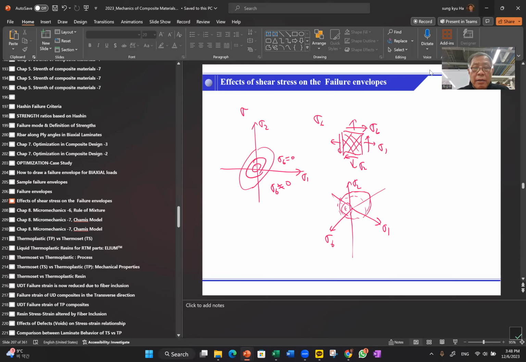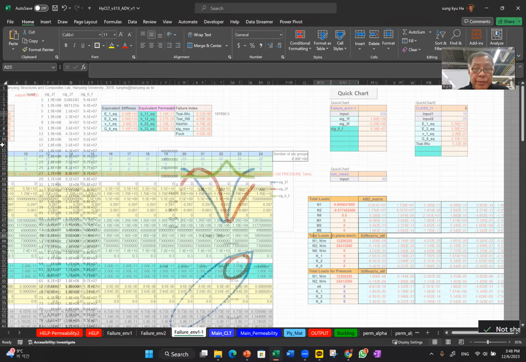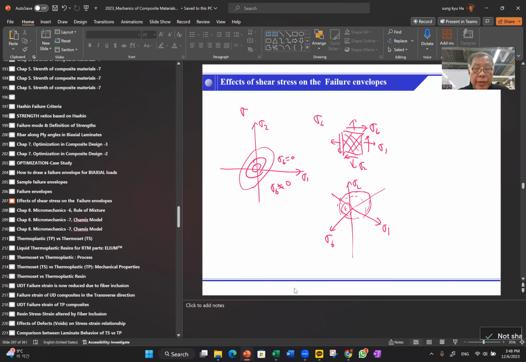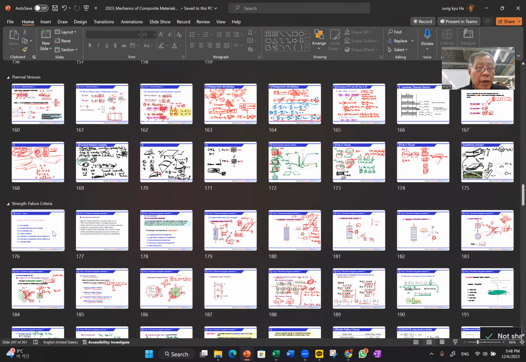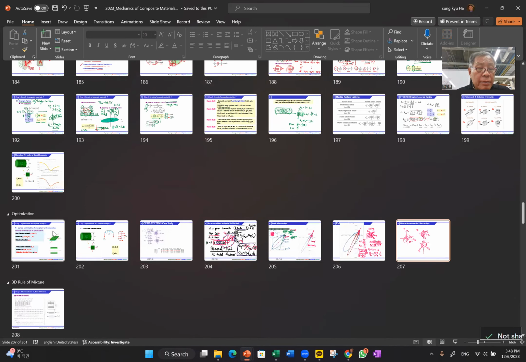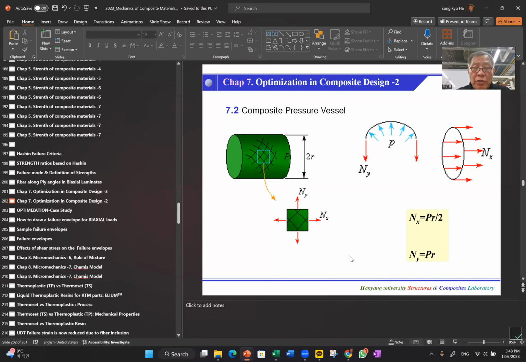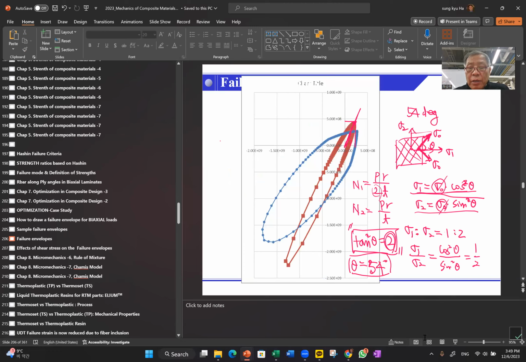Okay, now another important point in pressure vessel is that, okay, in the pressure vessel, we have chapters on pressure vessels, and here I just want to make one comment that again, this pressure load and N1 and N2 is always a 1:2 ratio, right? And we can plot this way and so on.